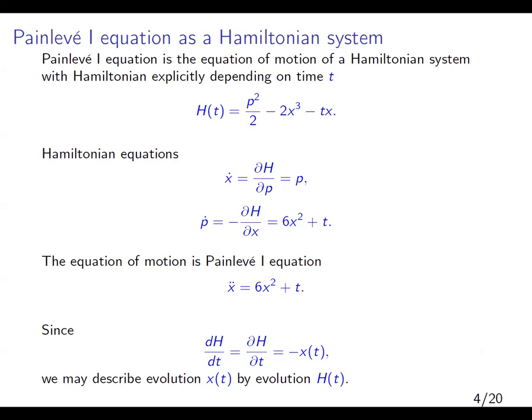But there is a dependence on time in the Hamiltonian, and it gives a possibility to write all the evolution of the system in terms of the evolution of the Hamiltonian. For example, to find the dependence on time of the coordinate, it's possible if we know the evolution of the Hamiltonian in time. We can just differentiate in time and we'll obtain the coordinates.